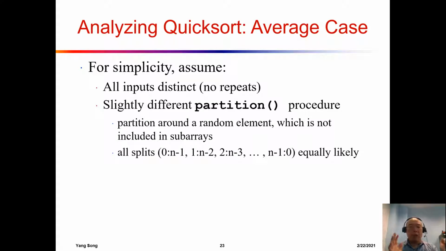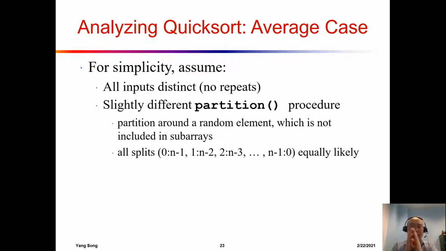The reason is that for the partition, we don't cut the pivot, because the pivot will stay there, and once the pivot is put at the right place, it won't be sorted again, right?